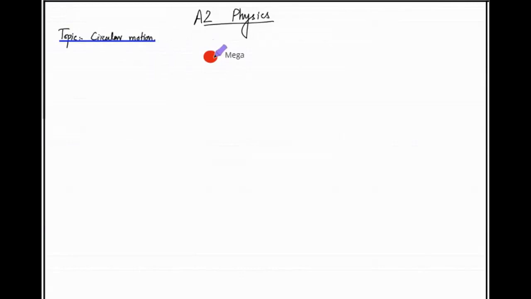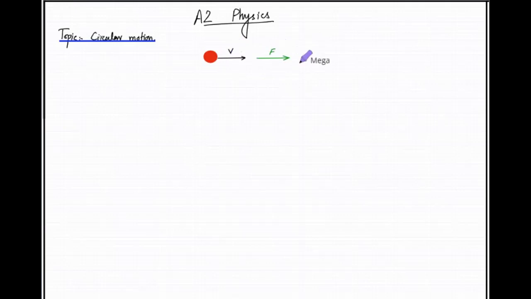This object is moving in this direction. So this is the direction of motion of the object. And I engage this object with a force, and that force is acting this way.